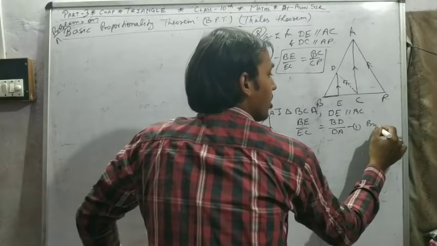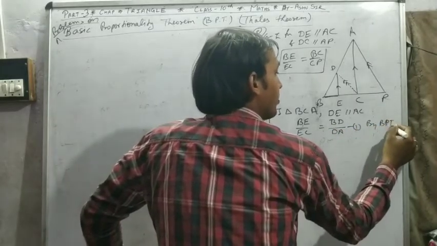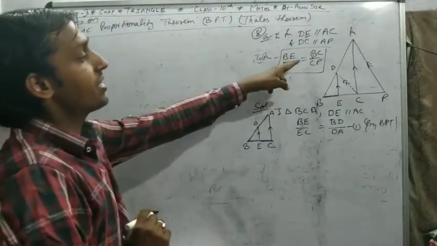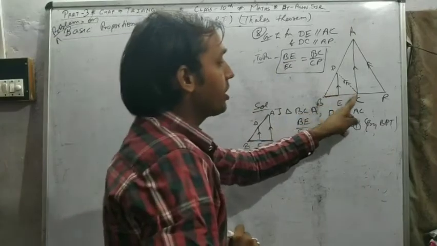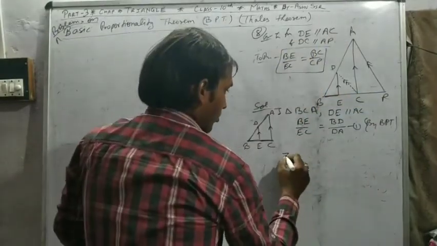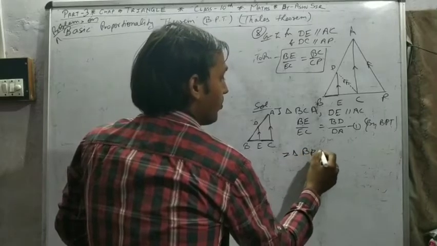Equation first by BPT. Then about BC upon CP. So BC upon CP in whole triangle, in triangle BPA.